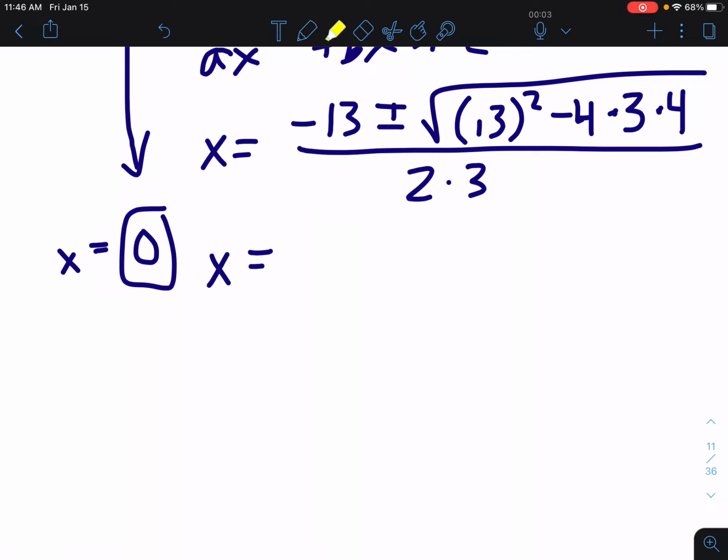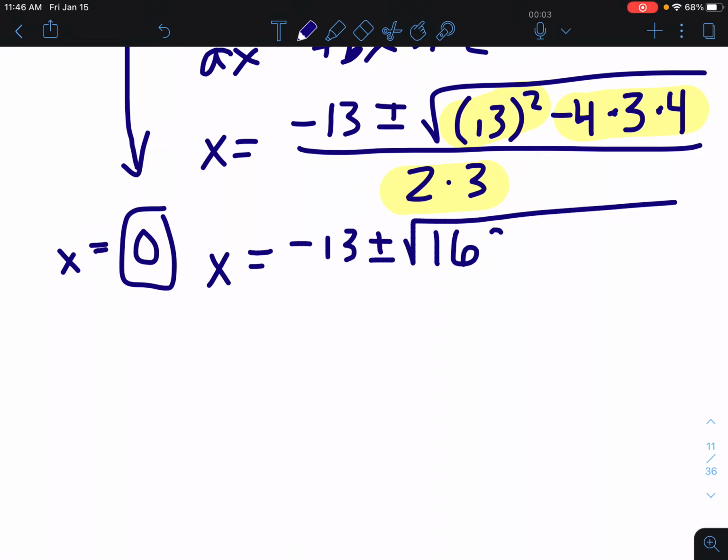Remember, you are going to multiply your 3 times the start. 1, 2, 3. 13 squared, and then minus 4 times 3 times 4, that's 12, 48. On the bottom, 2 times 3, 6.